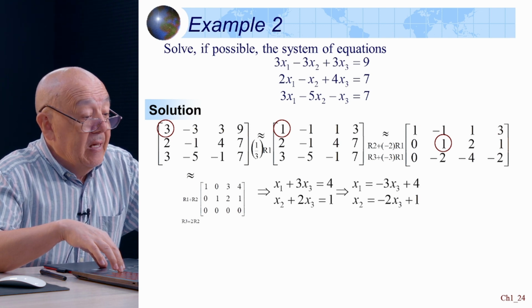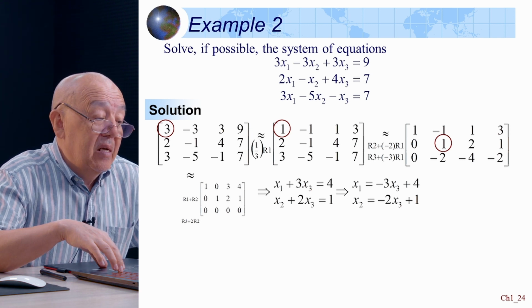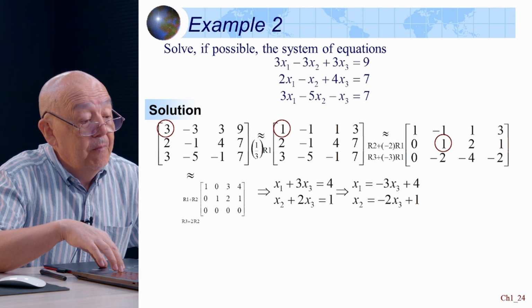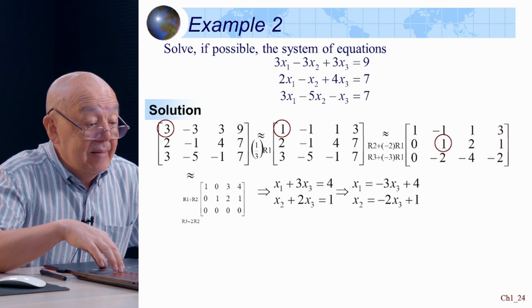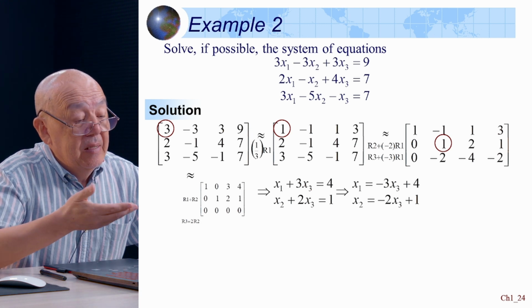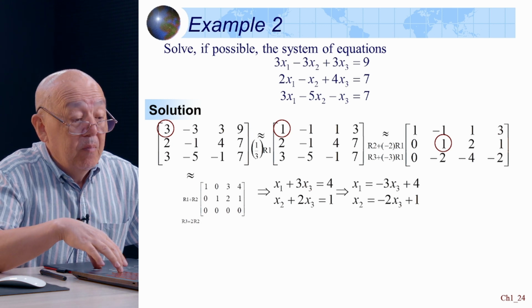Again, we can write the solution. You should check which variables are basic: x1 and x2, because they correspond to some leading ones. And x3 is free. So the idea is to write the solution via this x3.